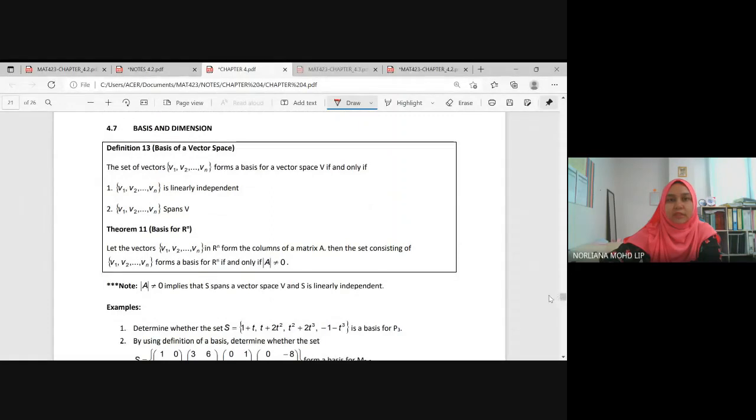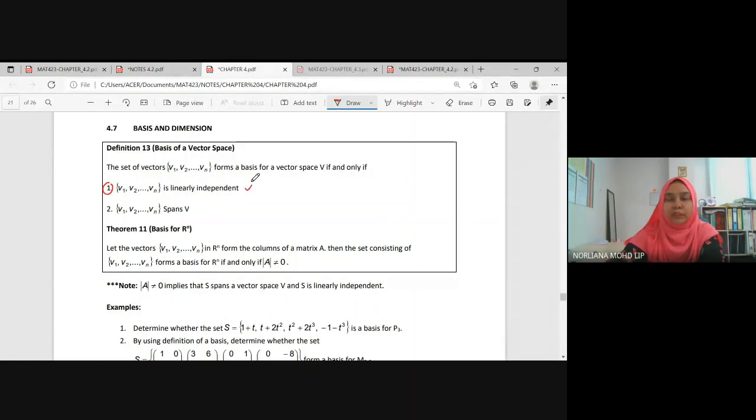Okay, last untuk yang ni, untuk minggu ni. Okay, basis and dimension. Okay, definition 13. Basis of a vector space. The set of vector V1, V2 until Vn form a basis for a vector space V if and only if there are two conditions. Number one, V1, V2 until Vn is linearly independent.